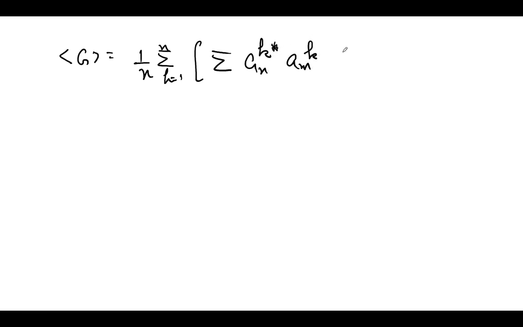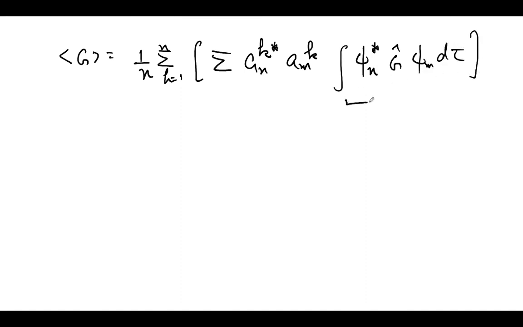This becomes equal to 1 over N, summation of k from 1 to N, summation of ank star amk into the integration of phi n star G phi m d tau.